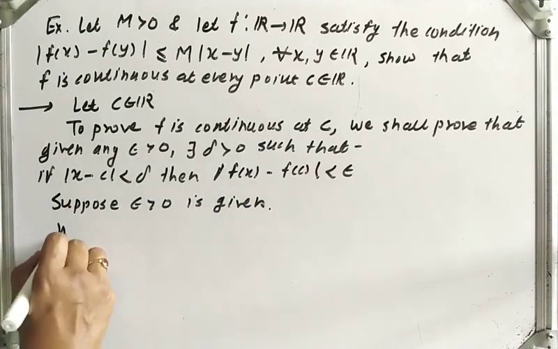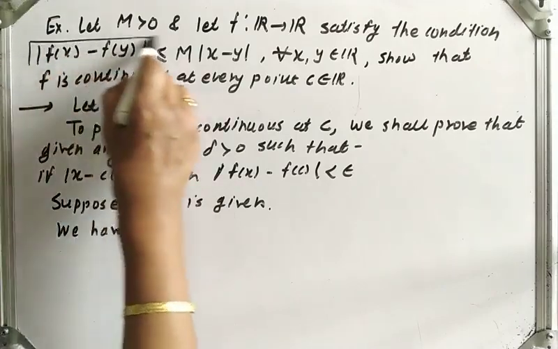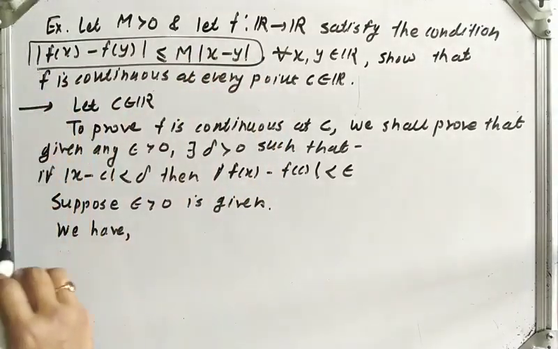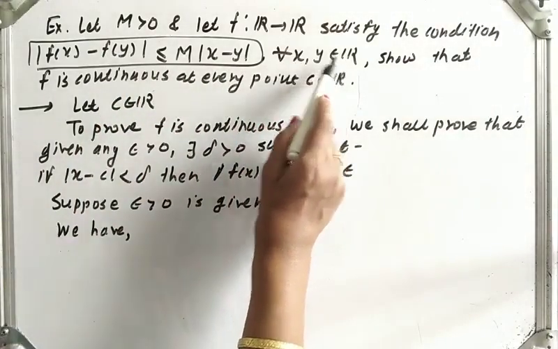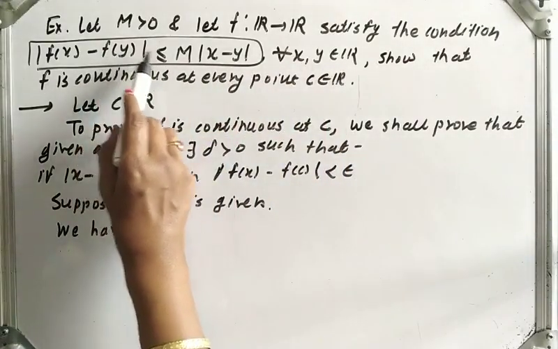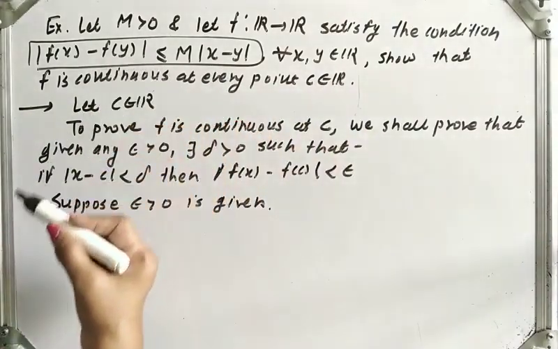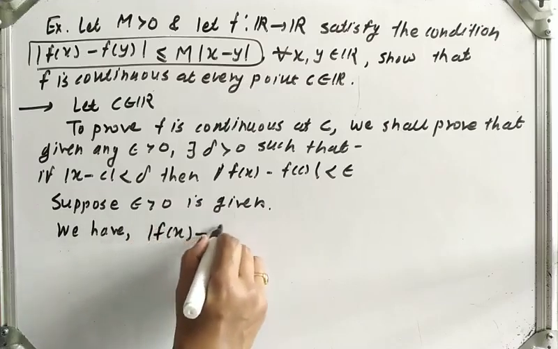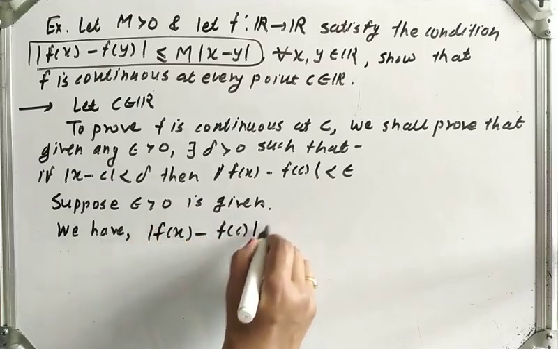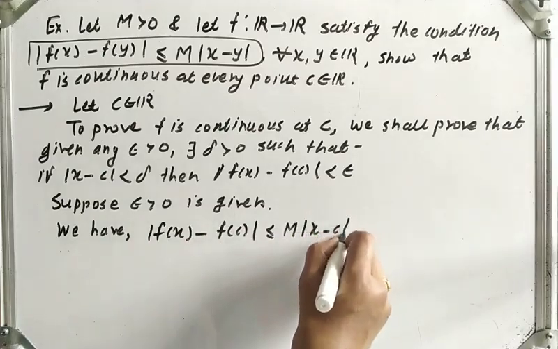So what we have? We have this condition. Let us replace this y, if this is true for all x, y belongs to R. So let us take this y as a fixed c, because c is also a real number, so we can take it. So we have mod of f(x) minus f(c) less than or equal to m mod of x minus c.